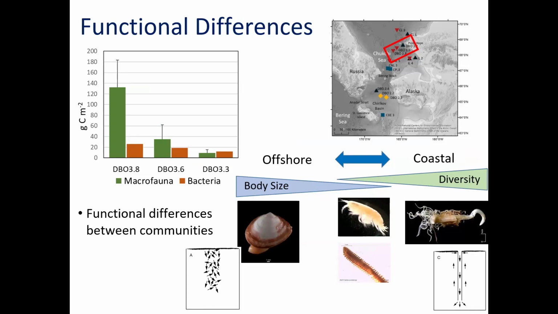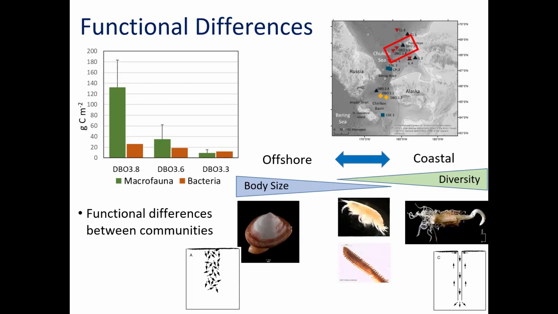You can see, of course, the presence of those large bioturbating clam species offshore, versus when you get into the coastal water mass, it's a lot more small-bodied, meiofaunal-sized organisms, small deposit feeding polychaetes and so on.